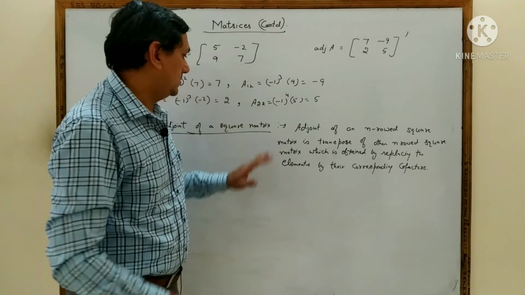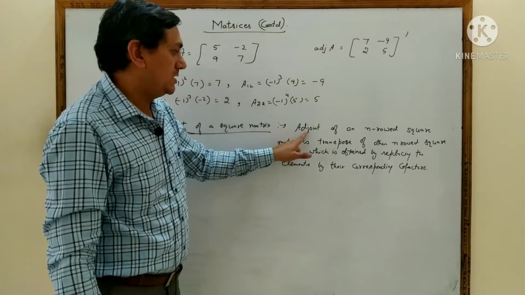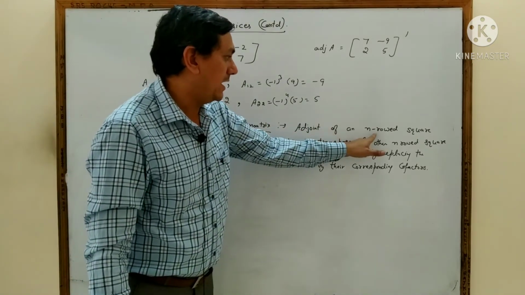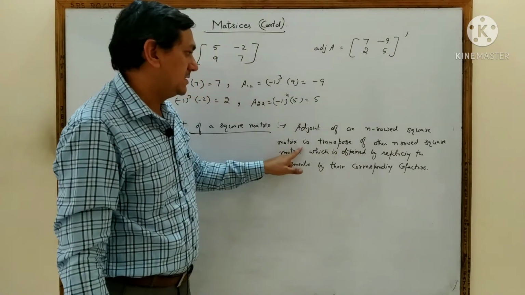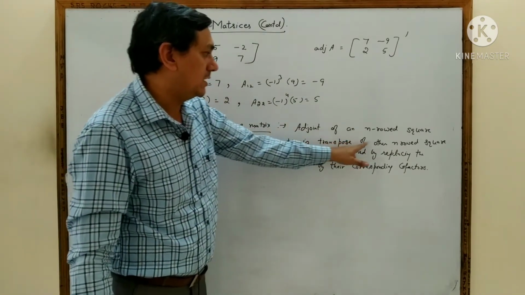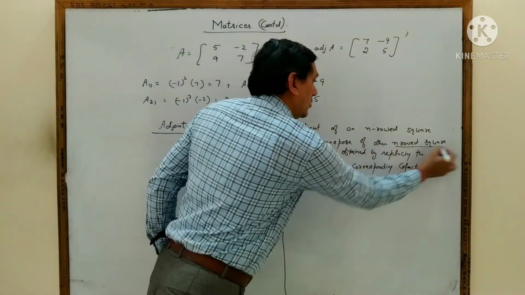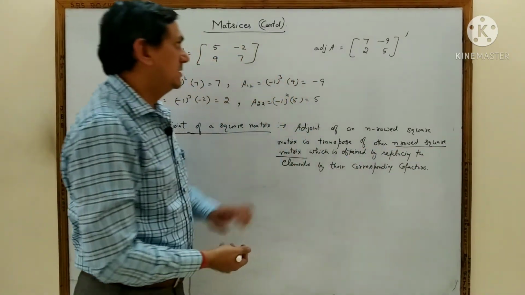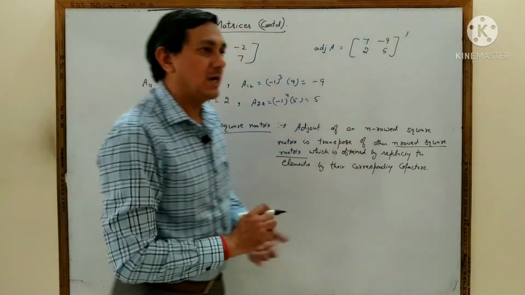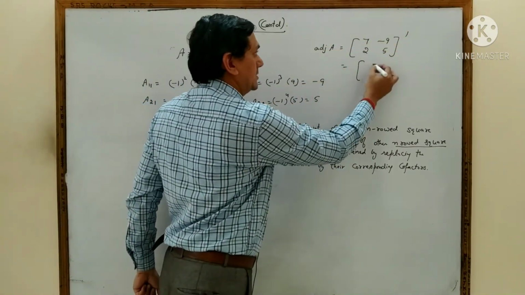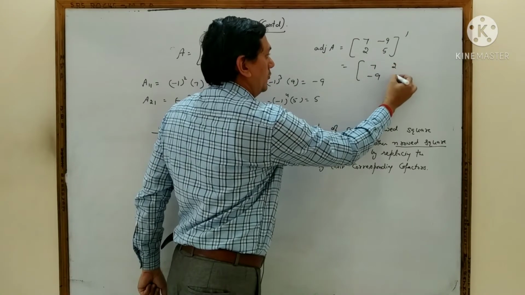Now we come to the definition again. Adjoint of an n-rowed square matrix is the transpose of another n-rowed square matrix. Now this n-rowed square matrix is here and its transpose is called the adjoint: 7, minus 9, 2, 5.